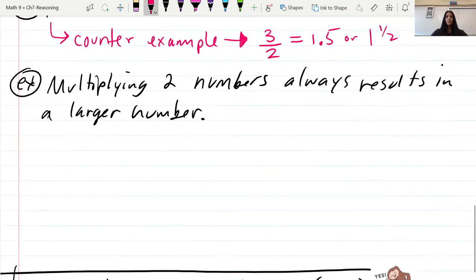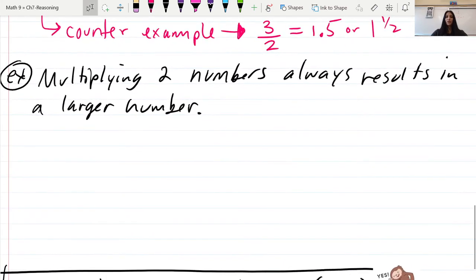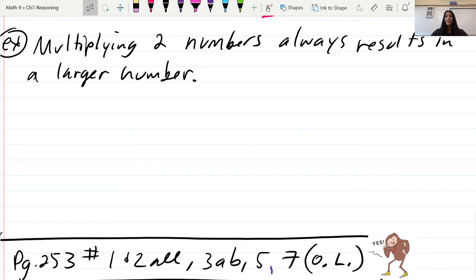Okay, the next one is multiplying two numbers always results in a larger number. That is often true. It's true, I would say, most of the time with the values we work with, but I can think of a counterexample. So I am trying to come up with one example to show that this is not true.